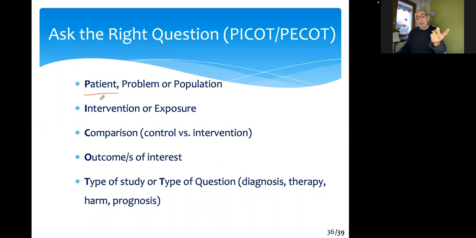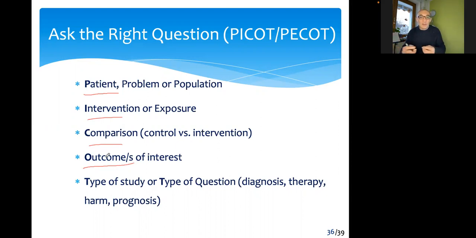Then the intervention and exposure, and the comparison, because at least 2 groups should be compared to come upon a new decision. So intervention and comparison. And finally, and most important, is the outcome of interest. What are you trying to change? Are you dealing with mortality? Are you dealing with fever, like puerperal fever, pain?